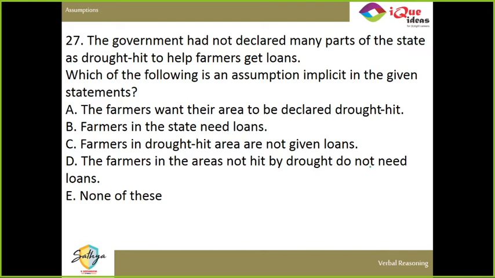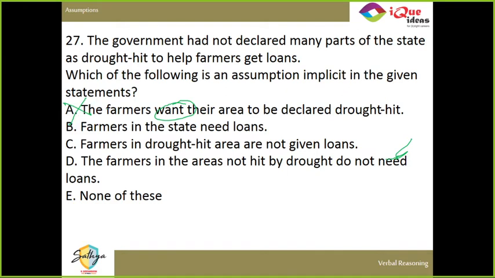Now, do we know that the farmers want their areas to be declared as drought hit? Drought means akal, famine, when there is no rain. We don't know what the farmers want, right? Whether they actually want this declaration or not. We know that the government has not declared it, but whether it is what the farmers want, I don't know. So A cannot be my answer.